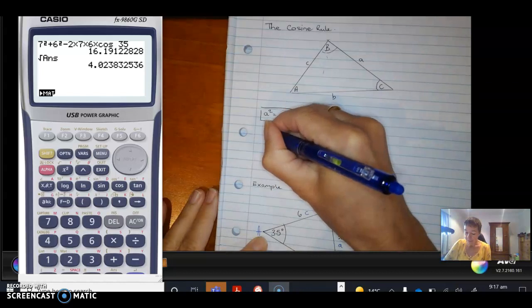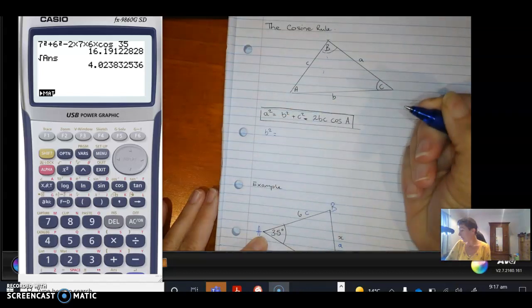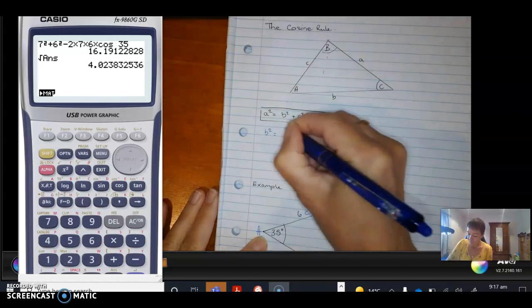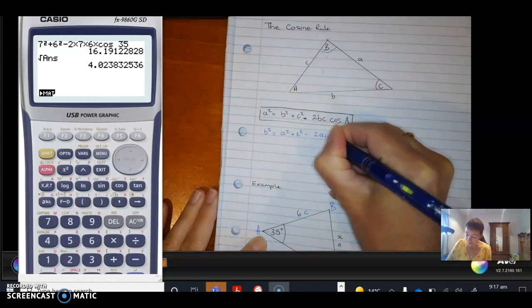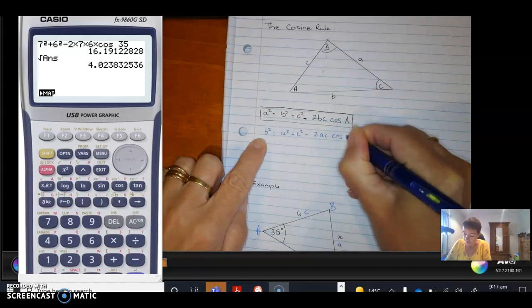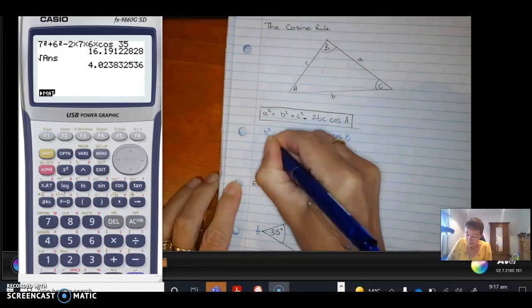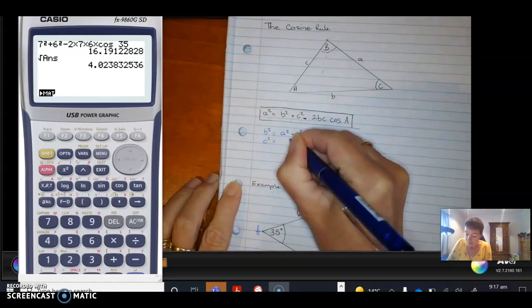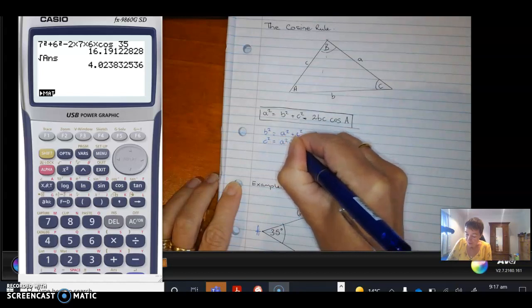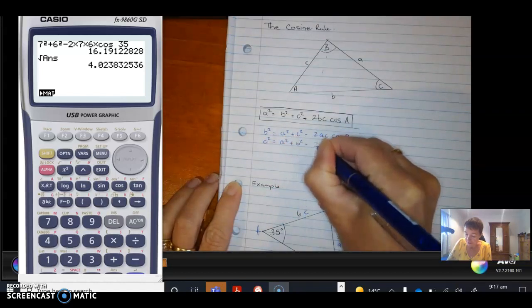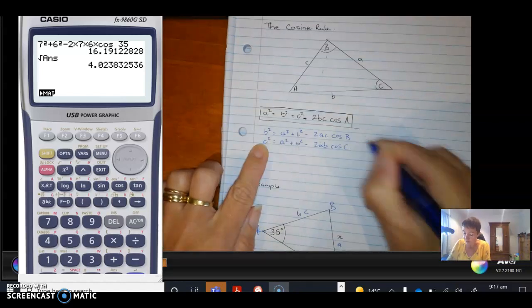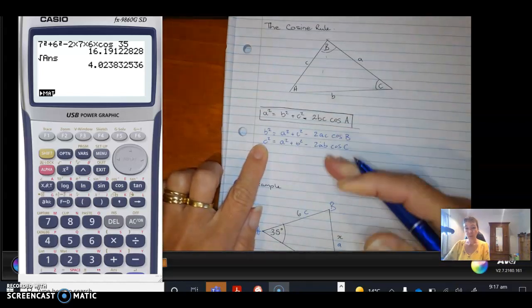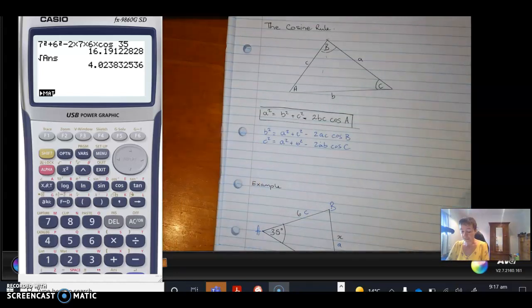If you had b squared there, it would be a squared plus c squared minus 2ac cos of B. And if you had c squared there, it would be a squared plus b squared minus 2ab cos of capital C. Okay, so all of those are just the same thing.